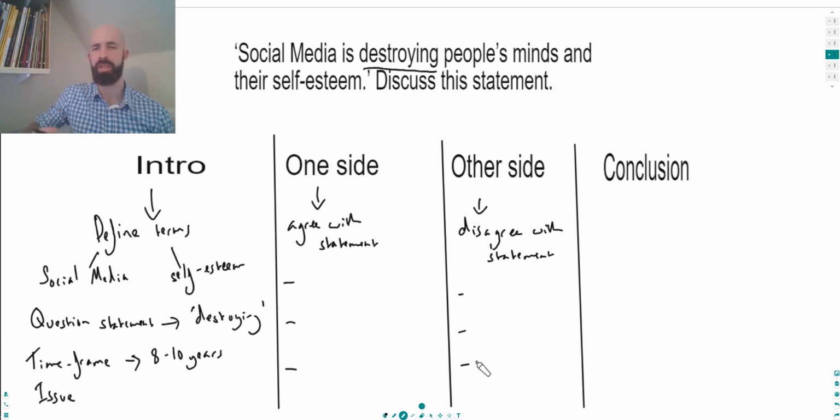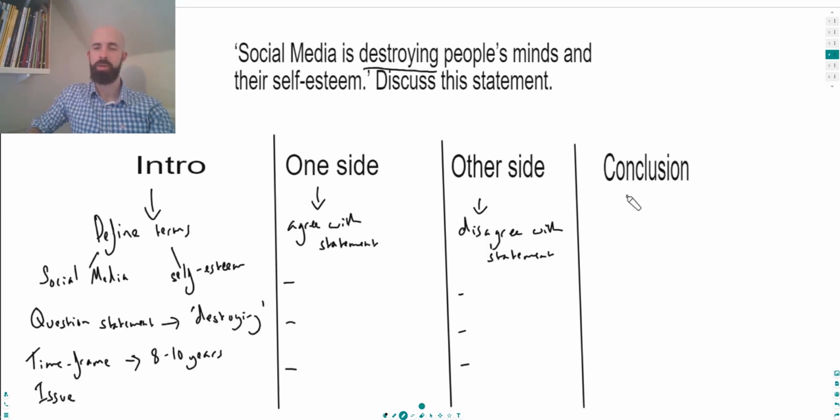It keeps people in touch, keeps families together, or keeps them in touch at least when family members are in different countries or at least different cities, which is almost universal nowadays. So it does help that side of things. It also allows people to share information, share maybe a good cause that they want to get behind, and all sorts of other things as well. So there are plenty of points you could make on this side of things.